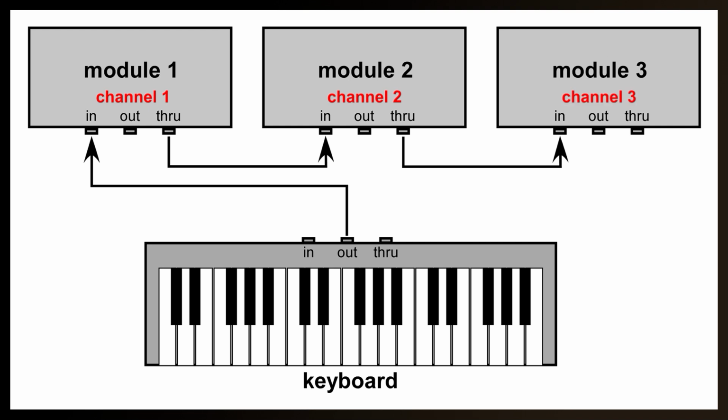And of course, you can set 2 or more modules to the same channel if you want them to follow the same set of instructions. Some modules can be set up to receive 2 or more channels at the same time, so you can play several sounds in the same module at the same time using the channels.